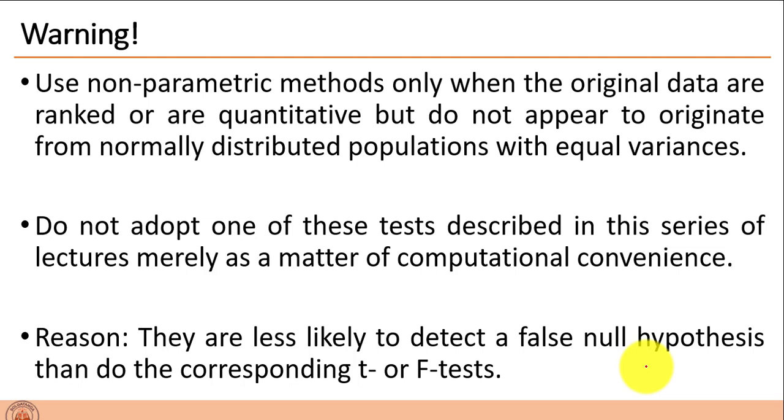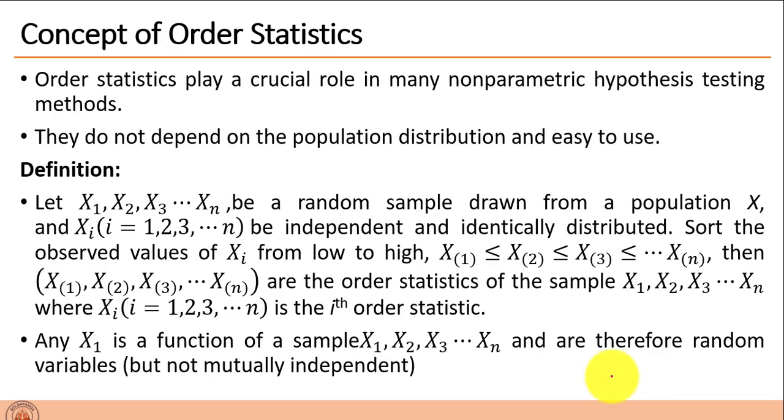Now the reason is that they are less likely to detect a false null hypothesis than the corresponding t-test or F-test would. Order statistics play a crucial role in many non-parametric statistical testing methods, because non-parametric methods arrange the numbers in order and use the ranks.